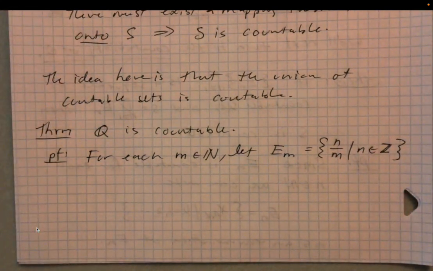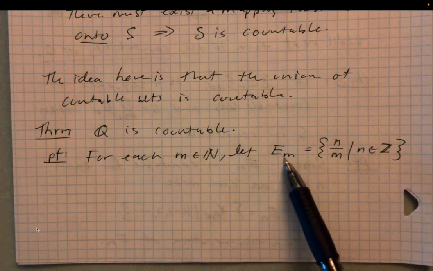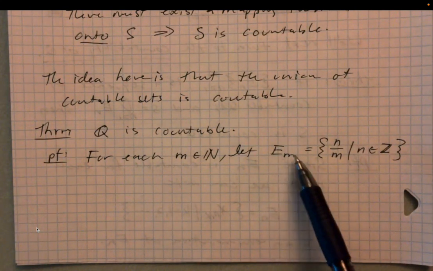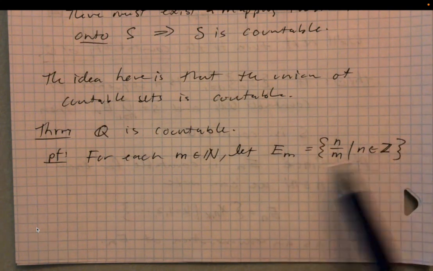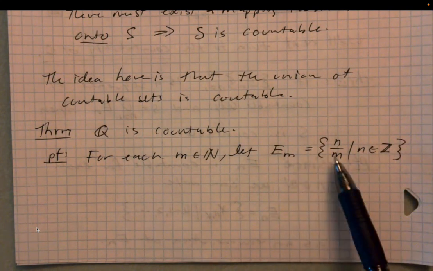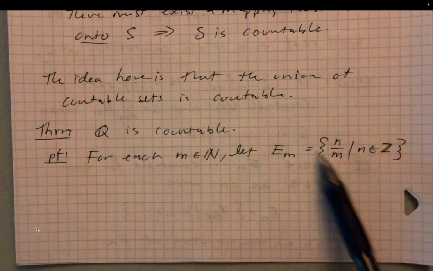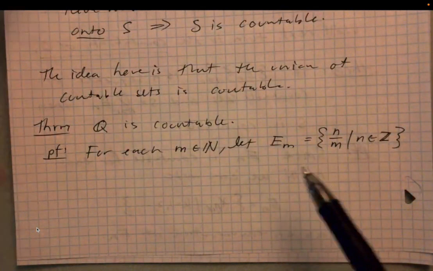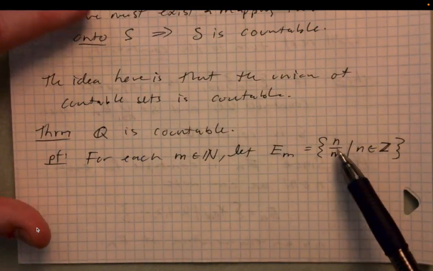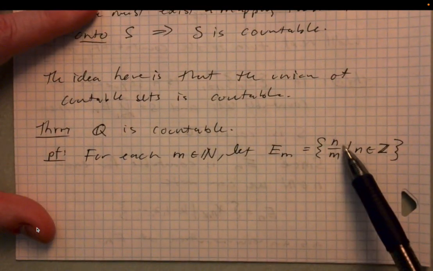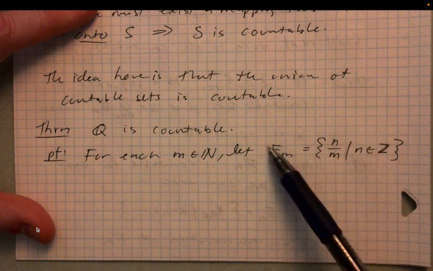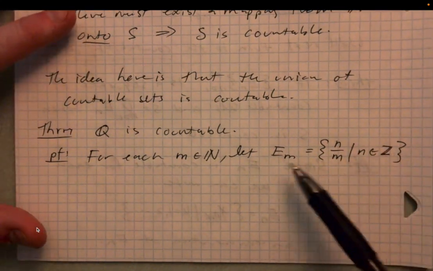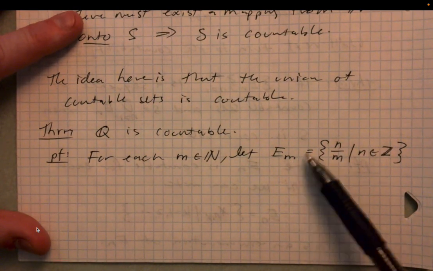Okay, so we're fixing m and creating a subset of Q. So we fix m, and that becomes the denominator of every element in this set E sub m, right? So for example, if m is 2, then all of the rational numbers that have 2 as the denominator are going to be in this set. Okay.